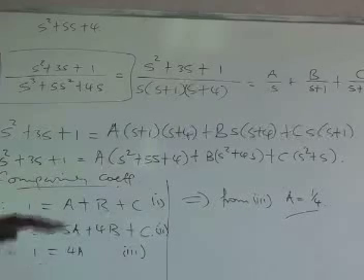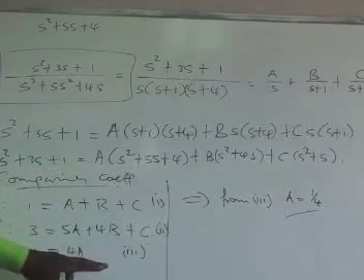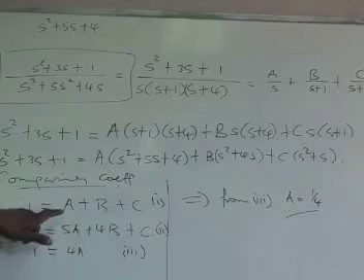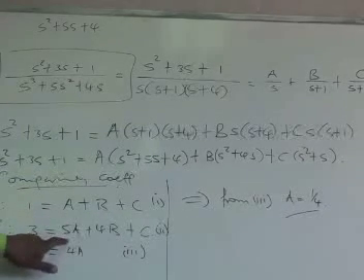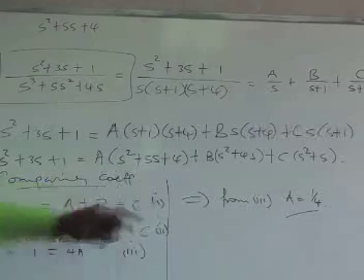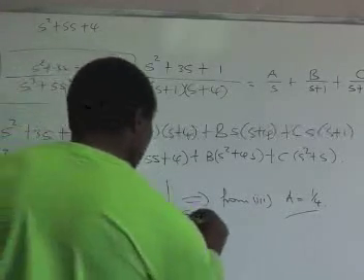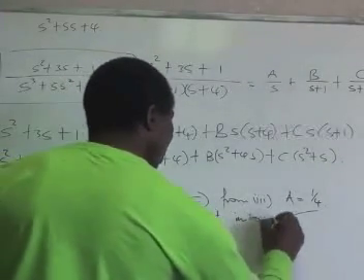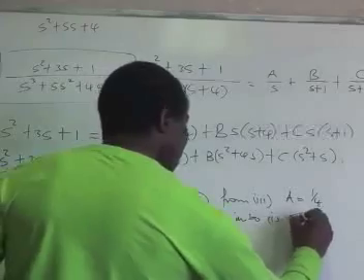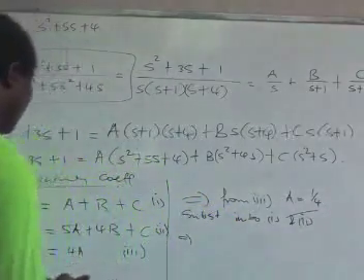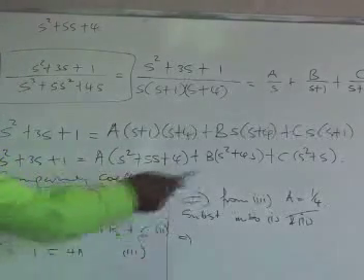Then if you take that and substitute into 1 and 2, we are going to have 1 over 4 here.